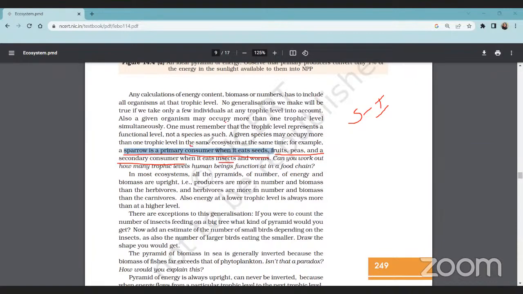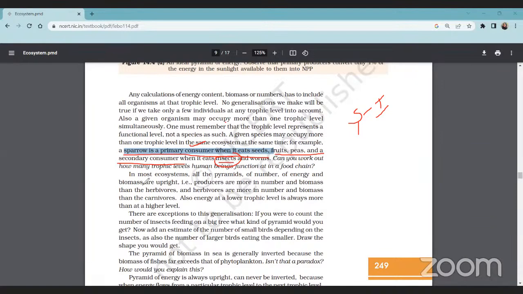And when the same sparrow eats insects, it is called a secondary consumer.